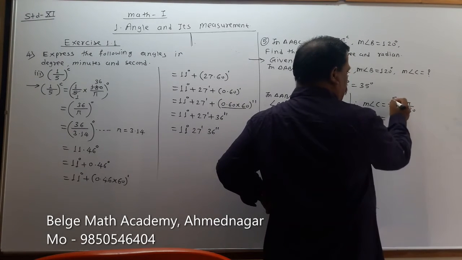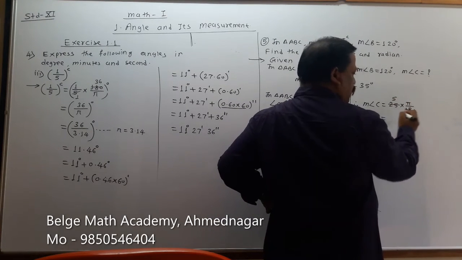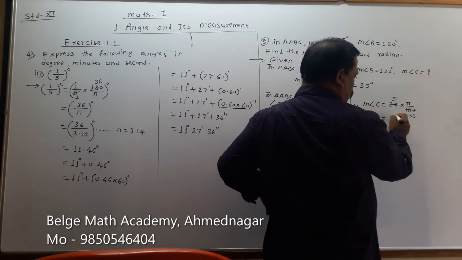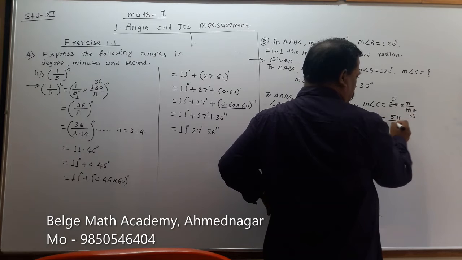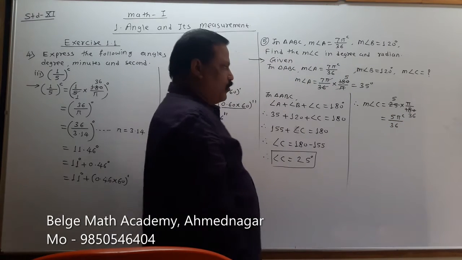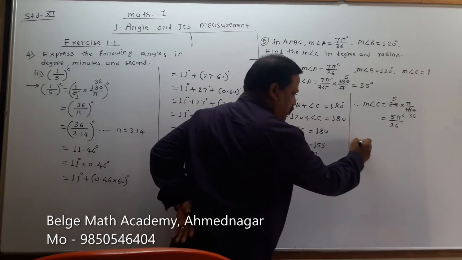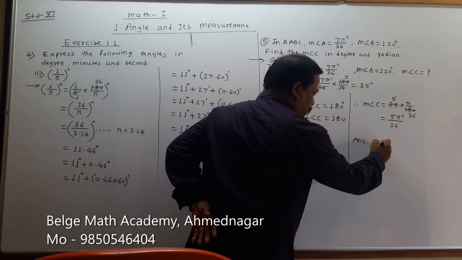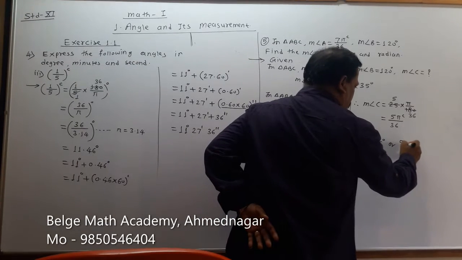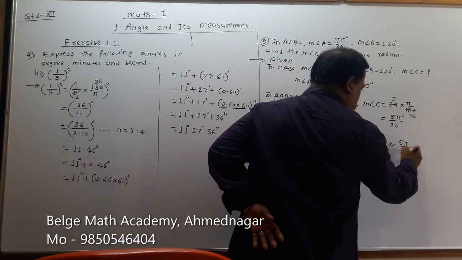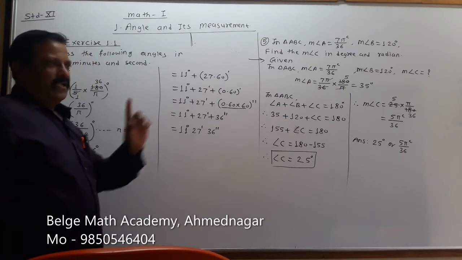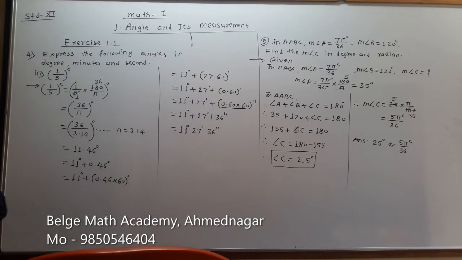So 5 fives are 25, 5 threes are 15, 5 sixes are 30. So the answer is 5 pi upon 36 radian. So your final answer is 25 degree or 5 pi upon 36 radian. So that is the third angle of this example.